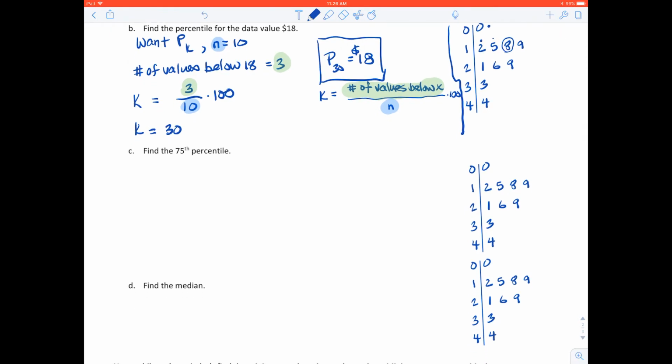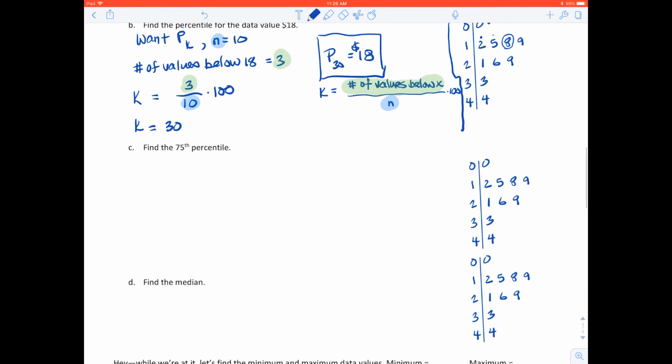And now 75th percentile, we're back to the other method. So here again, L is equal to K over 100 times N. So L will be 75 over 100 times 10. This will divide out some of the 10, and L will be 7.5. Rounding up, we'll have L is equal to 8.